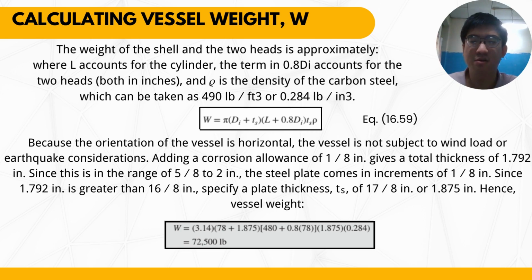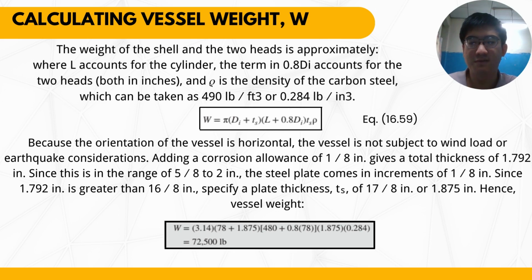Because the orientation of the vessel is horizontal, the vessel is not subject to wind load or earthquake considerations. Adding a corrosion allowance of 1/8 inch gives a total thickness of 1.792 inch. Since this is in the range of 5/8 to 2 inch, the steel plate comes in increments of 1/8 inch.